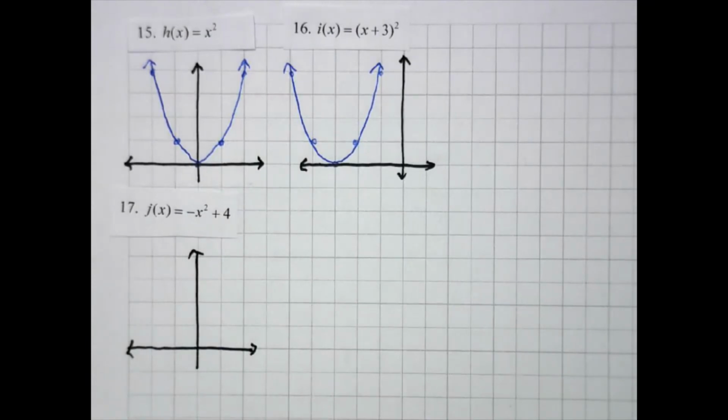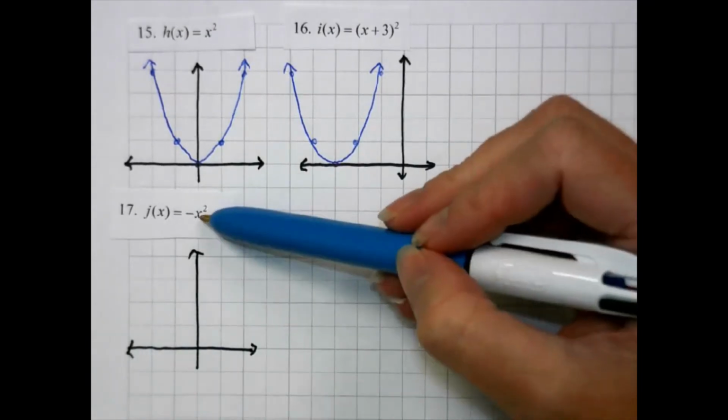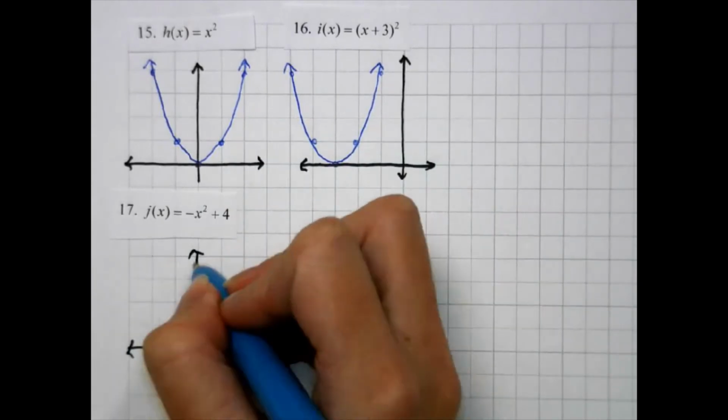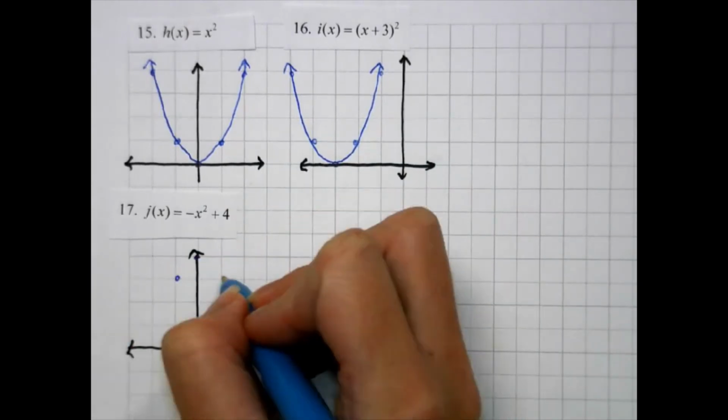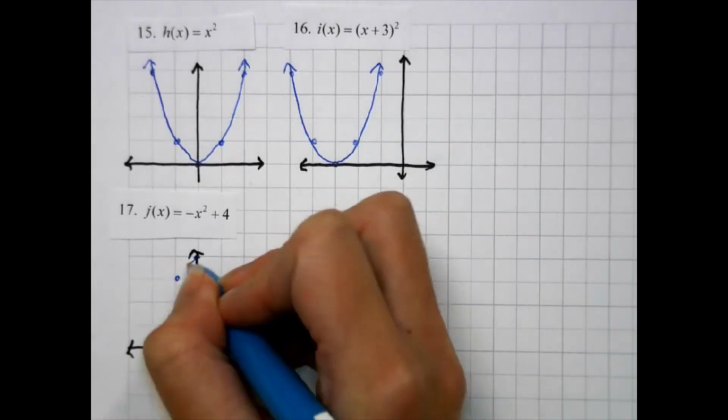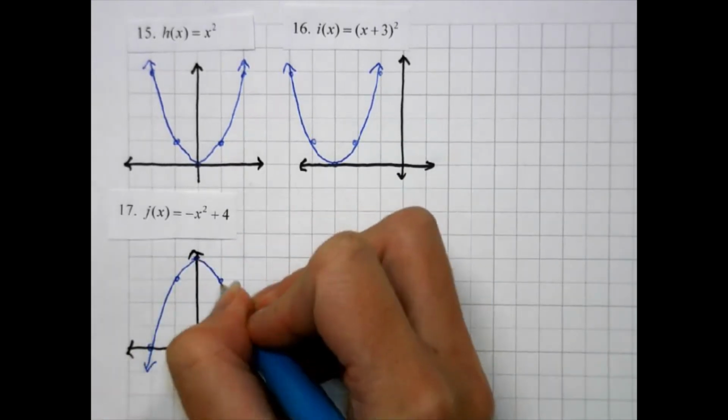This one is going to take our parabola, reflect it over the x-axis, and move it up 4. So it's going to start up here at 4, then go down 1, and then down, like that.